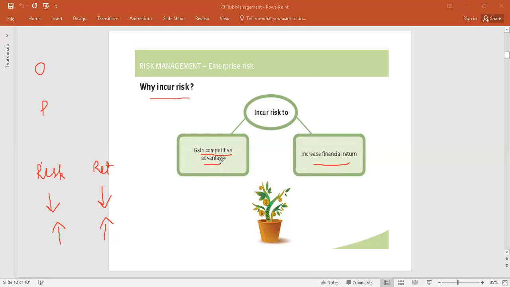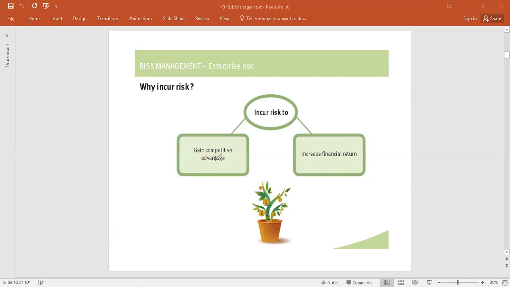If they venture into areas where no one has earlier gone, if they take up decisions which involve risk, with the risk the return is also associated. The firm will be able to gain that competitive advantage and be better off than others in the market. So the answers are very clear: to gain competitive advantage and to increase the financial return. Those are the reasons why risk has to be incurred.